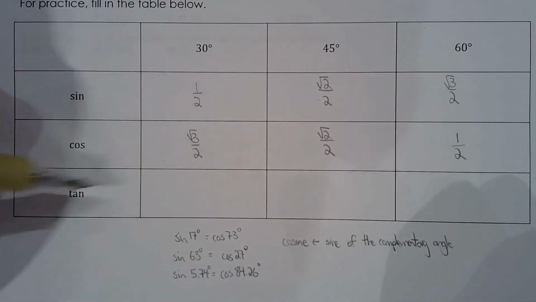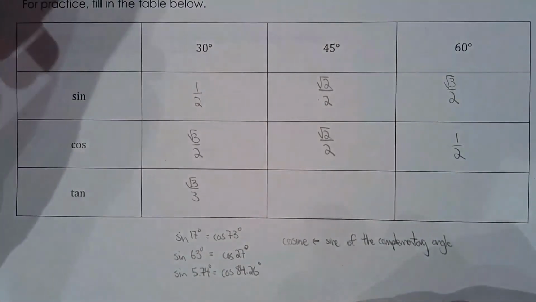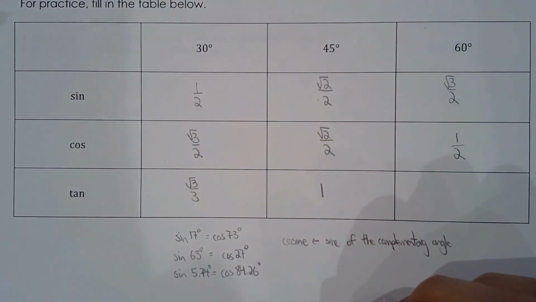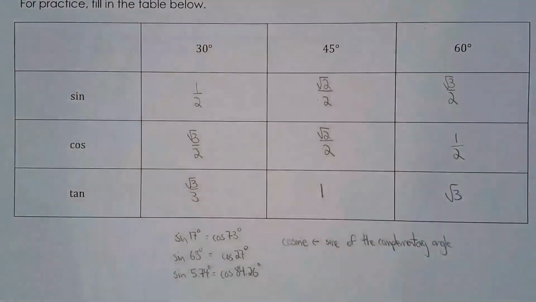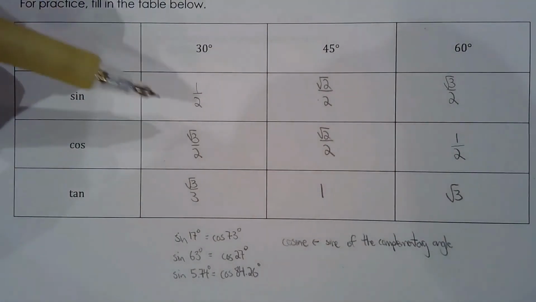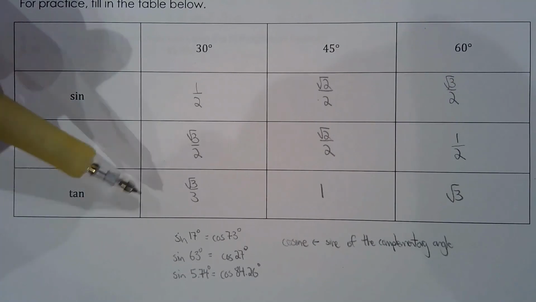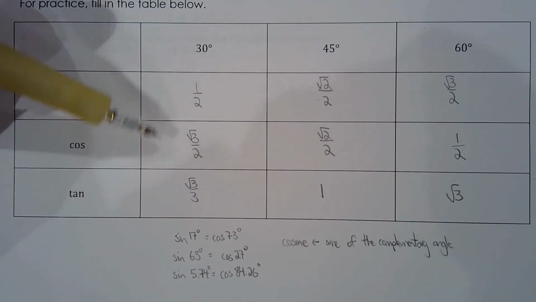All right, last one, tan 30 degrees. Tan 30 degrees is root 3 over 3. Tan 45 degrees is 1. Most students find this very friendly. Tan 45 degrees is one of the first ones that students memorize. And lastly, tan 60 degrees is just root 3. If you forget tan 30 degrees, you can find it by knowing what sine 30 degrees and cos 30 degrees are.